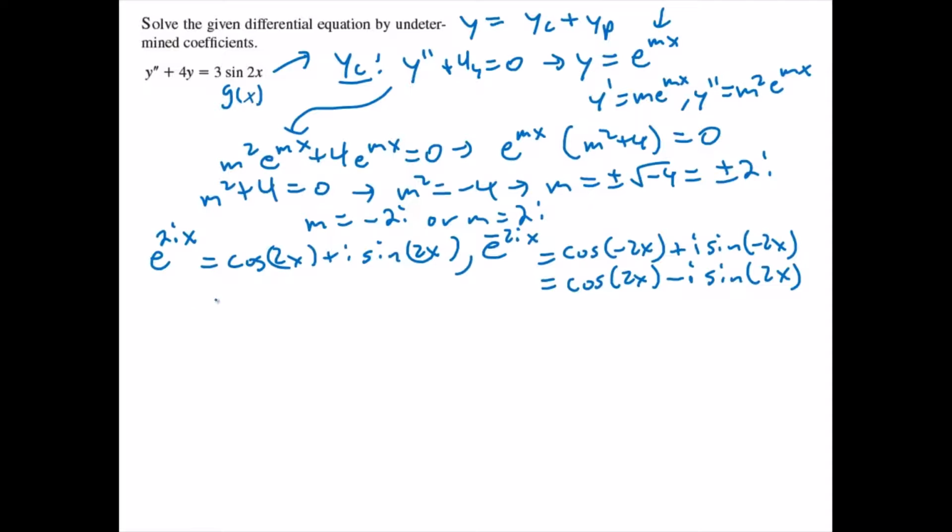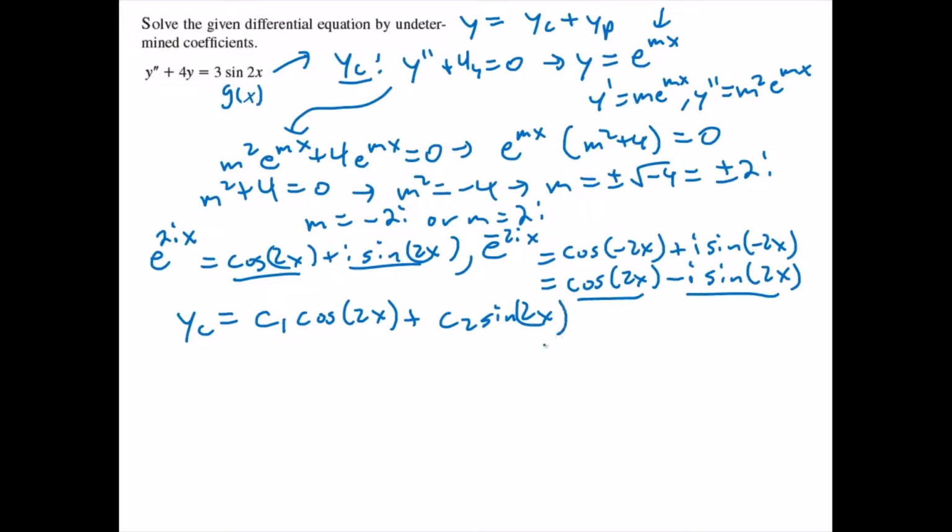And since these will each be solutions, then a linear combination of the two will be solutions. So we'll have a complementary solution y sub c of c sub 1 times the cosine of 2x plus c sub 2 times the sine of 2x.